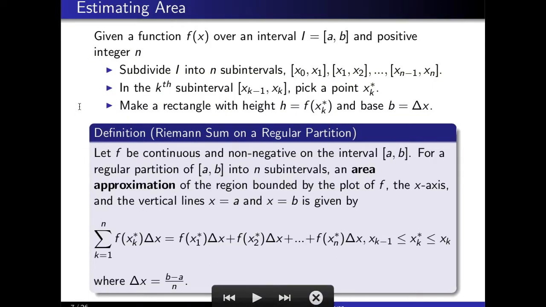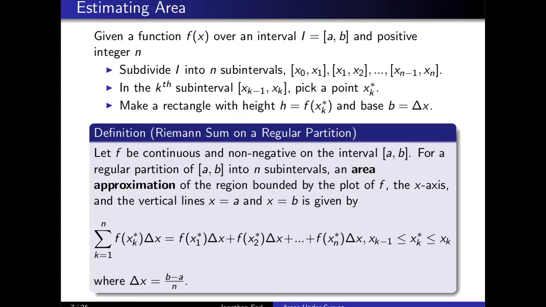Okay, so the general idea for how we want to approximate this is we'll divide up our interval into some subintervals, and we'll pick some point inside each interval, and we'll make a height for each rectangle given by f of xk star, where xk star is the point that you picked inside the subinterval, and the base of the rectangle has length equal to the size of the subinterval.